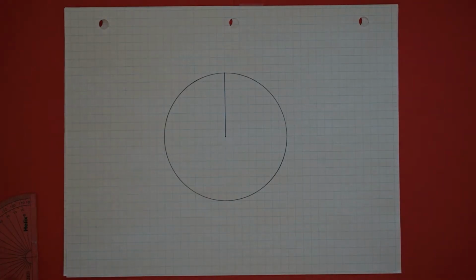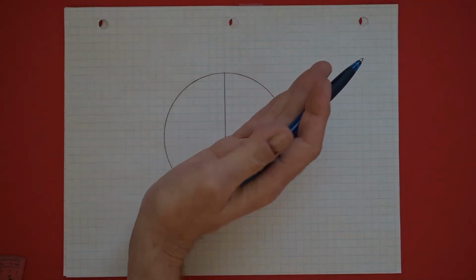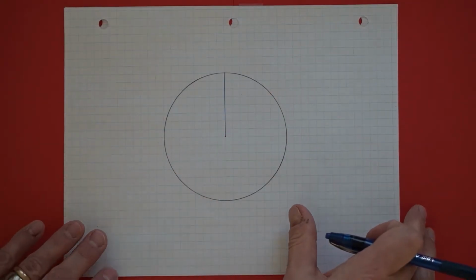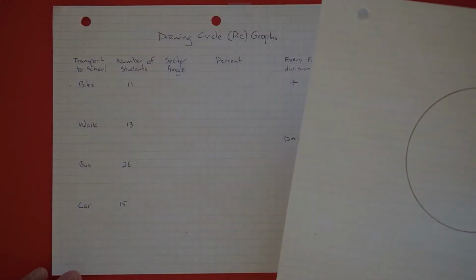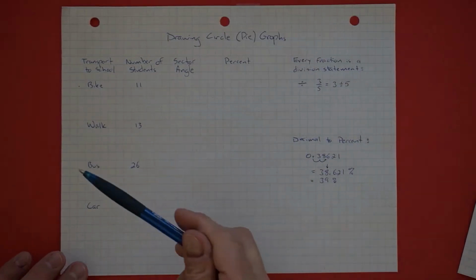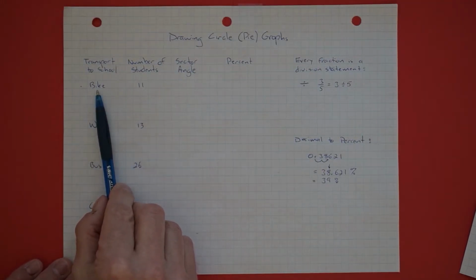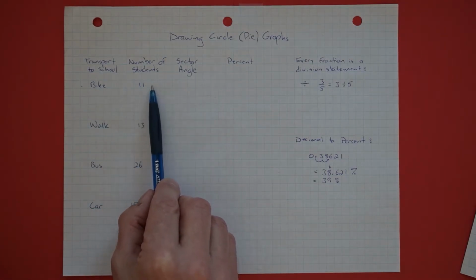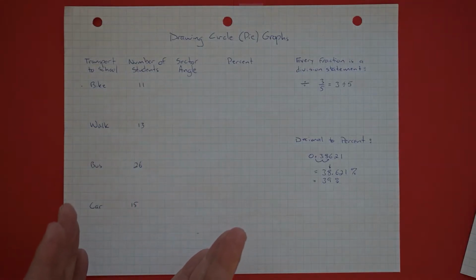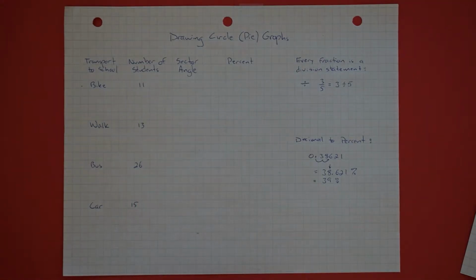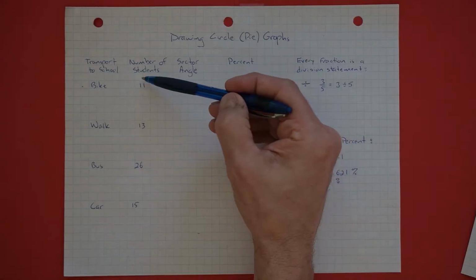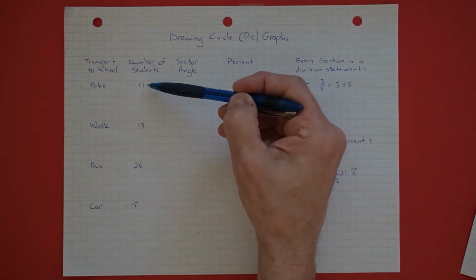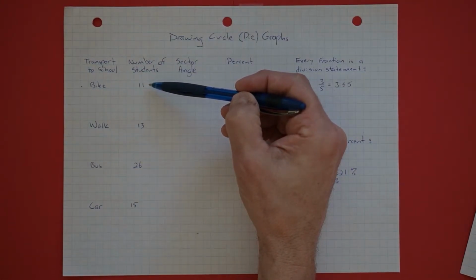Now the question we need to answer is, how many degrees is my first sector going to be? So let's go back to our data. The first sector I'm going to put in is the percent of students that took a bike to school. So how do we convert this 11 students into a number of degrees on my pie graph? The first thing we need to do is represent these 11 students as a fraction of our total number of students.